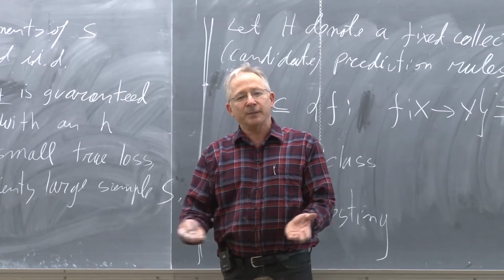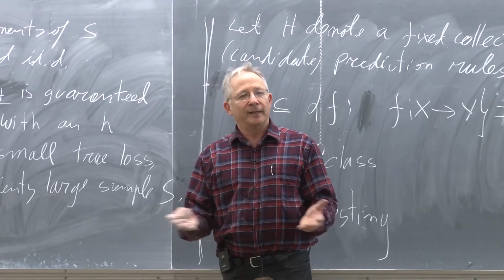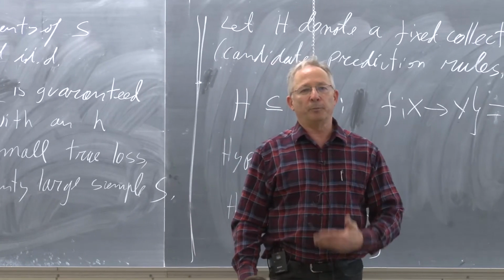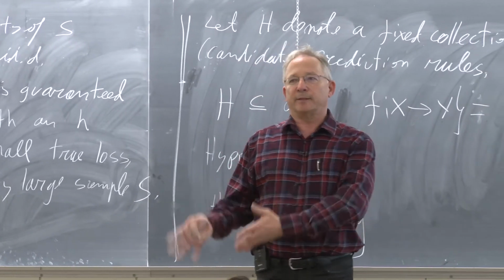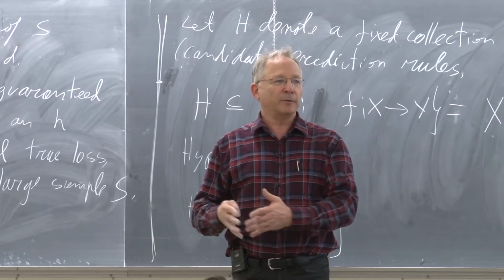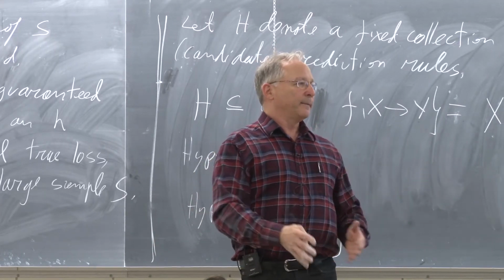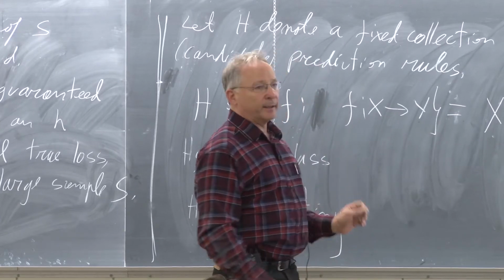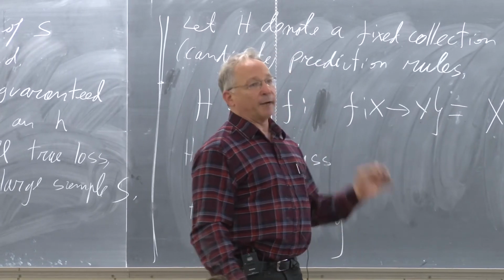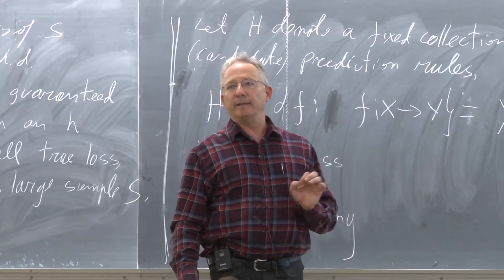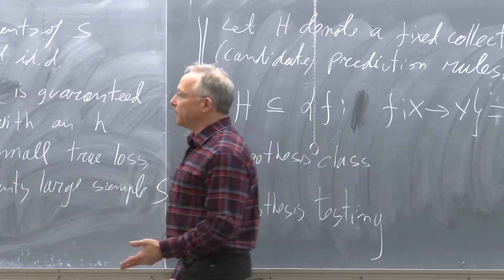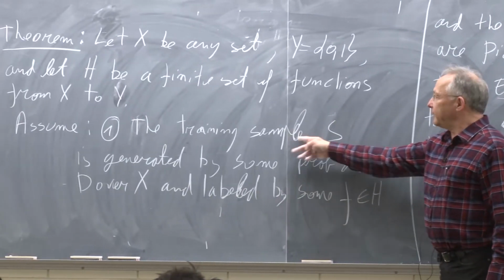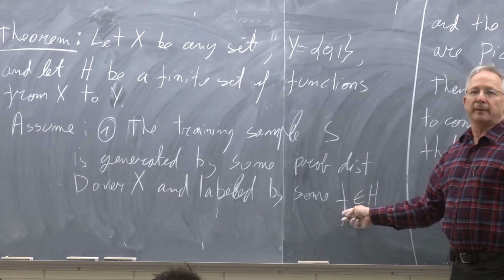Because this is what learning is about. Learning, as opposed to hypothesis testing, is about developing theories based on the data, not about coming up with some theory before you see data. So it's a very important twist here. We are choosing H after we've seen the data. But what we did have in front of us before we saw the data is the collection capital H. And this is, of course, a strong assumption, but we will relax it.